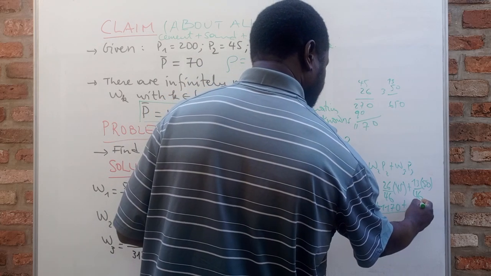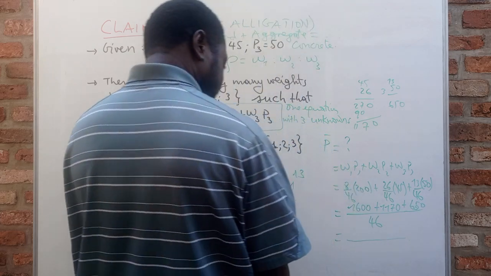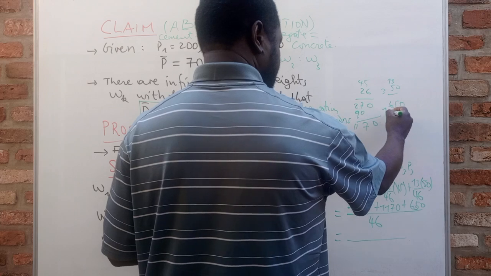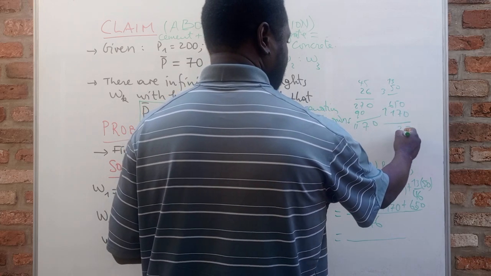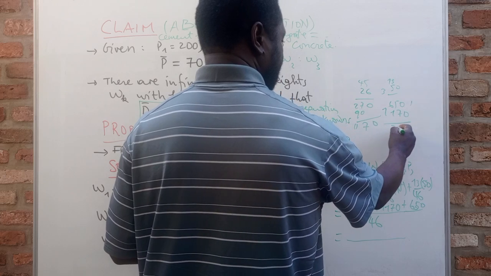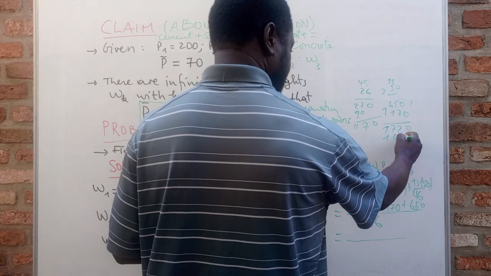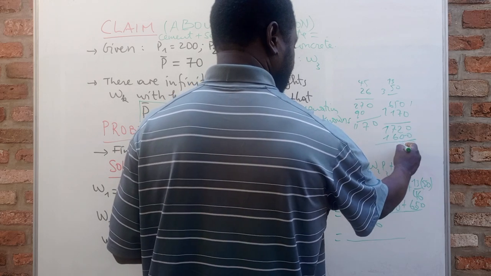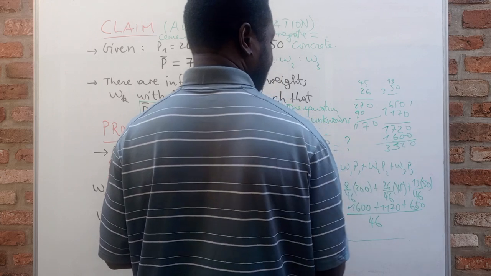So now I'm gonna have 1170 plus 650, and I have to add again the 1600.